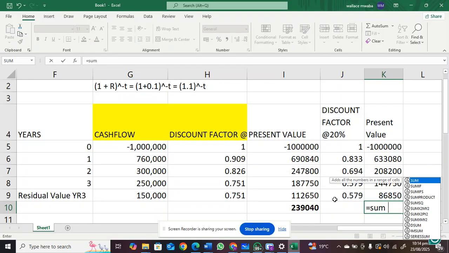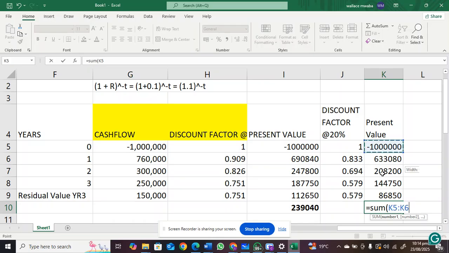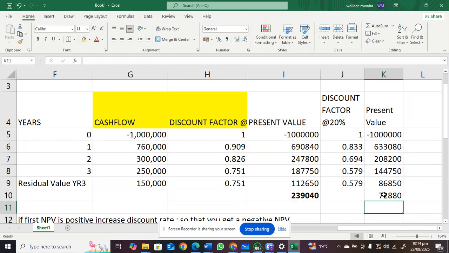Then we do the same process. It's still positive. It means we need to increase our discount rate, because 20% still gives a positive NPV.